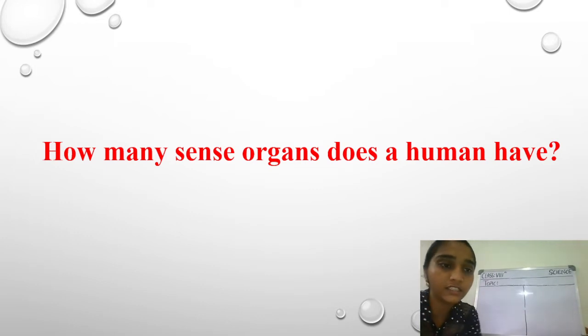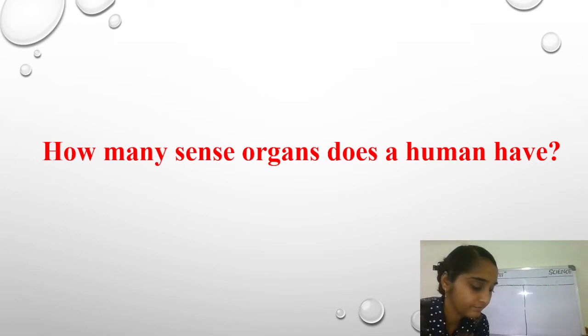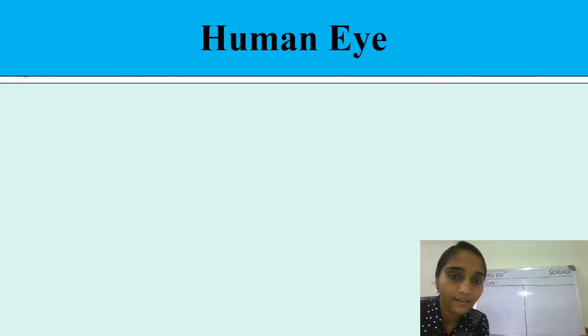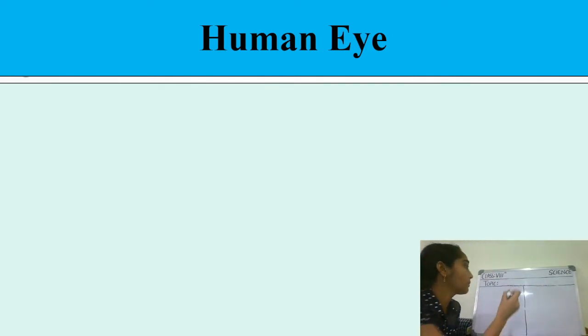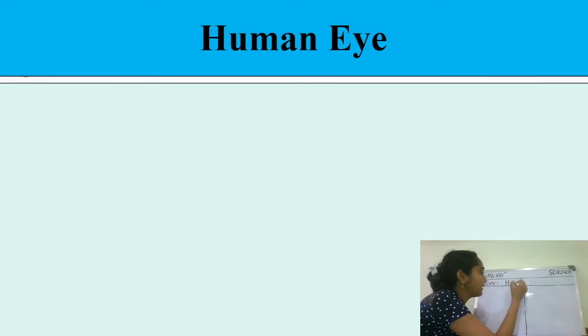So basically, students, what is an eye? Yes, an eye is a sense organ, which helps us to see the things, right? Yes, very good, students. So now we are going to discuss the human eye.